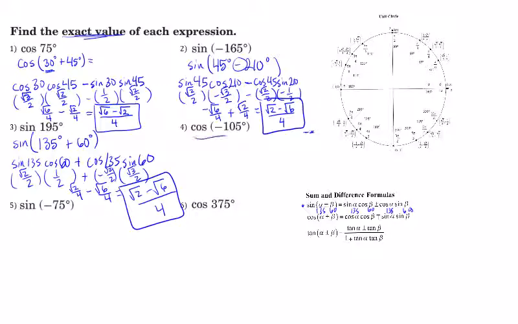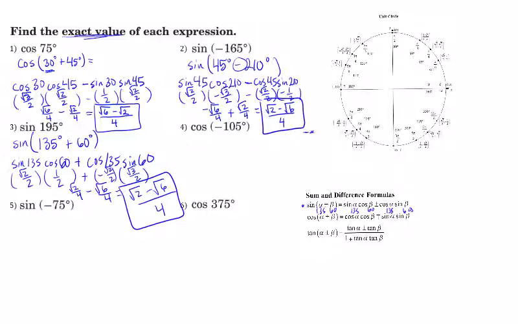All right, and then the last one we'll do together here is cosine of negative 105. So since we did a sum of cosine before, we'll do a difference here. So negative 105. I want a smaller angle minus a bigger angle, right? So I could use, let's see, yeah, we could do negative 45 minus 150, right?